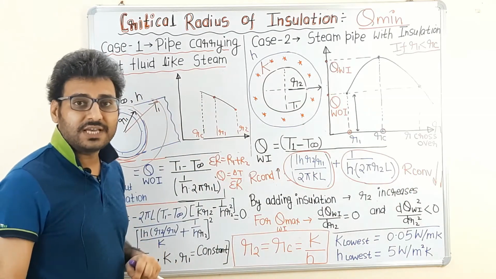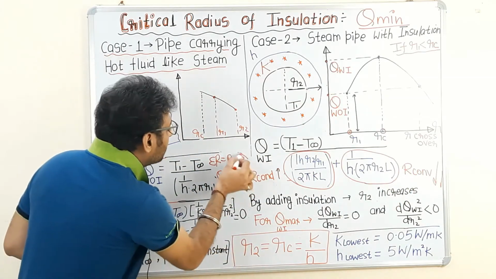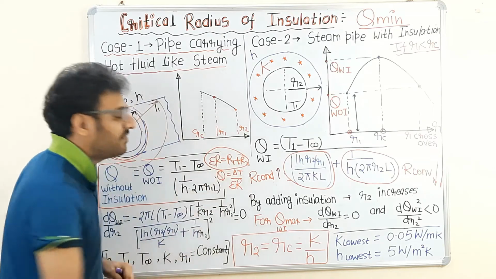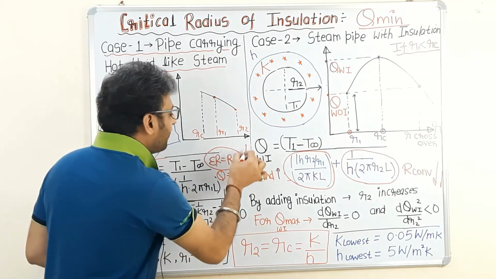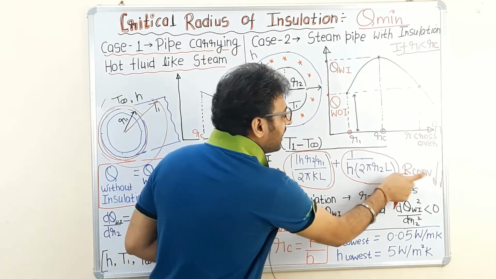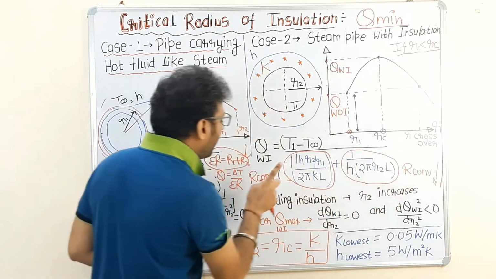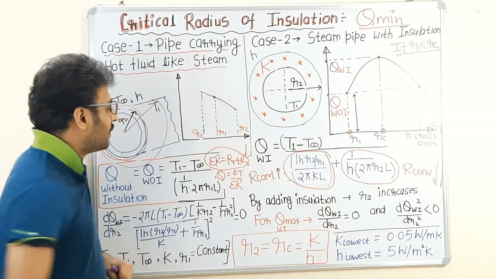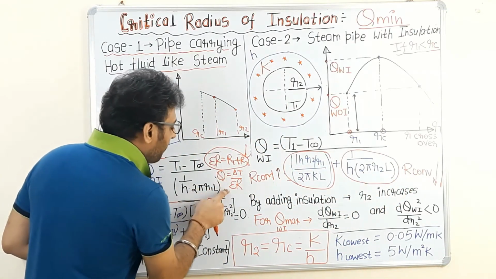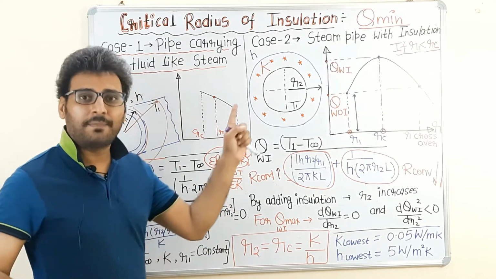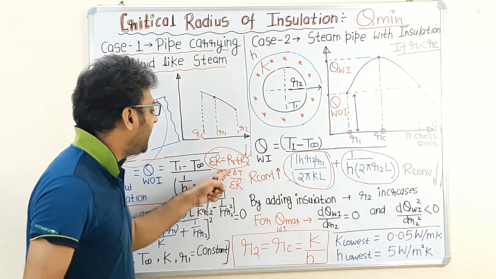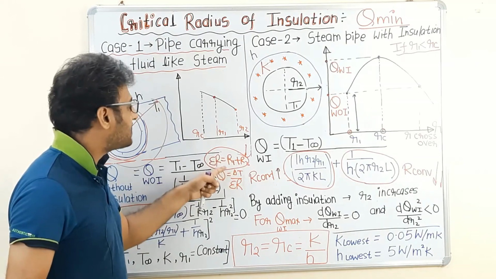What happens due to this? The overall thermal resistance of the system decreases. R convective dominates over R conductive. So when thermal resistance of the system decreases, heat transfer rate is increased.